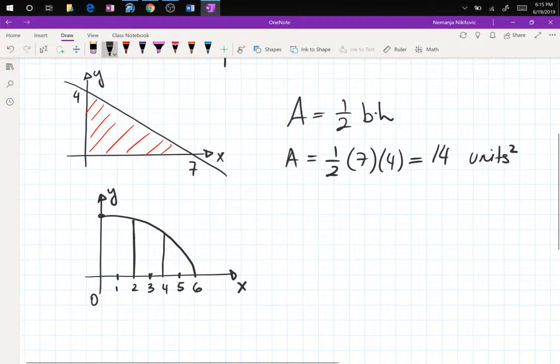Now, I need you really to pay attention, and you can write it later. What I'm going to do now is go to each one of these stripes and use the left hand point that is touching the function to create a rectangle. The left hand point for rectangle number 1 is right here, and I draw the rectangle.